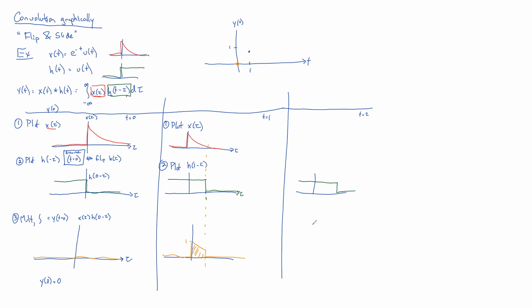Now maybe it's clear that when we multiply them together, we're going to get something that looks like even more of an exponential down to maybe here. That area will have increased, not as much, but by some. As t gets bigger and bigger, we'll add more and more, but not as much. And eventually it'll even out for some large t, which is simply the area underneath this curve.